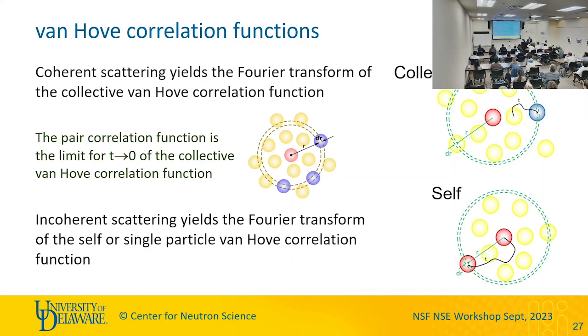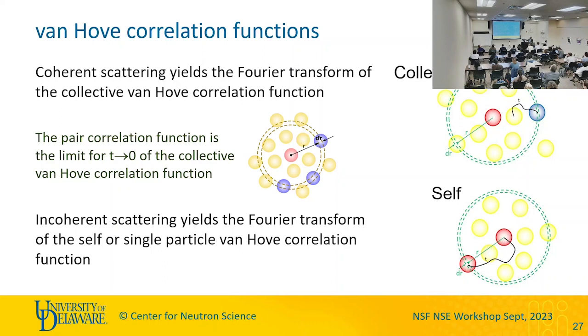So we can interpret the results of our dynamic scattering measurements in terms of this Van Hove correlation function. And we can call the collective Van Hove correlation function the probability of finding a particle at position r, given that the same or another particle was at 0 at time 0.